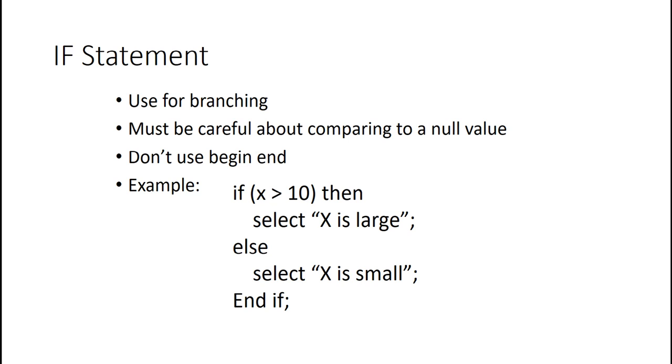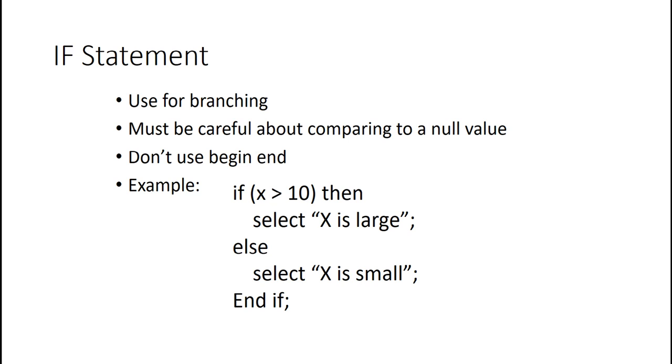Okay, we have an if statement. It's used for branching, and you need to be careful about making a comparison with a null value. We get stuff out of the database, and we could end up with a null value. And we have to be careful about saying some things with that. And we don't use a begin and end here. We use if followed by then else, and in end, the end matches the else matches on the then.